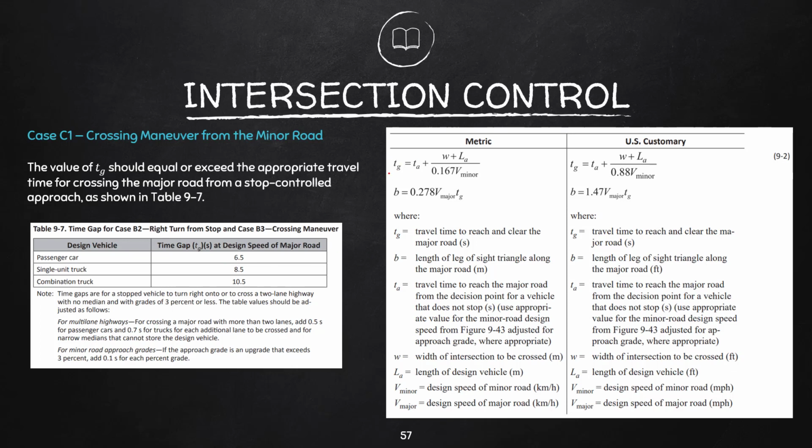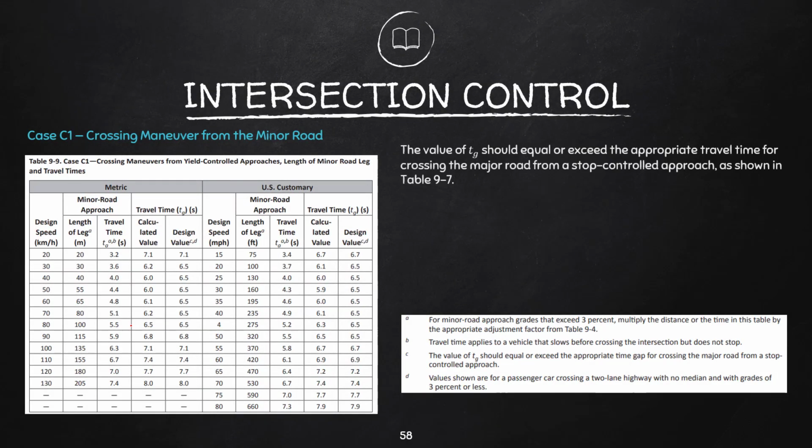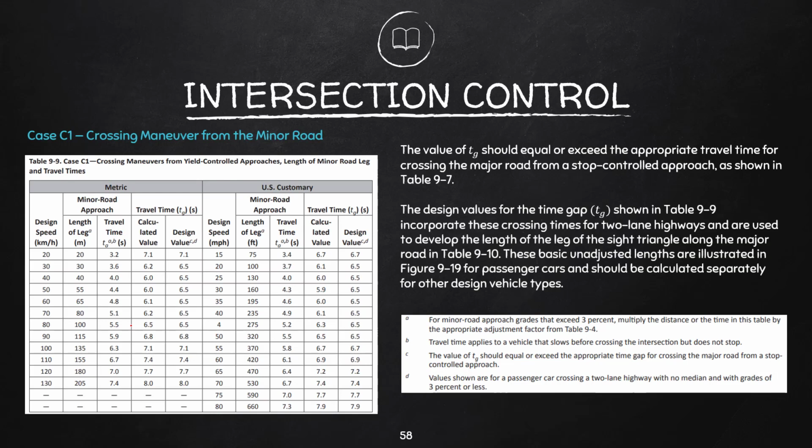So if you computed a value that is lesser than these values, you should use this one, and you will still need to adjust for these conditions for multi-lane highways and for minor road approach grade variations. The value of Tg should equal or exceed the appropriate travel time for crossing the major road from a stop-control approach. The design values for the time gap shown in table 9-9 incorporate these crossing times for two-lane highways and are used to develop the length of the leg of the side triangle.